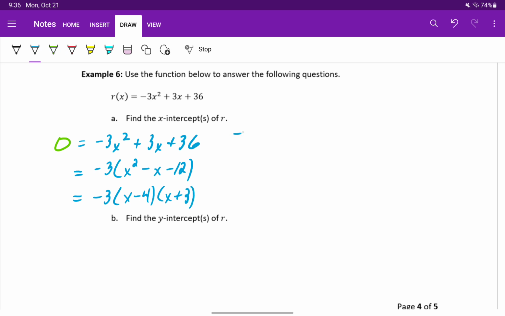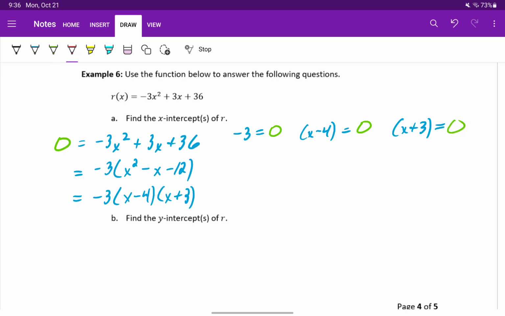This gives us three different equations to solve by taking each of those factors set equal to 0. We don't really need those parentheses around those factors, but I did include them there.